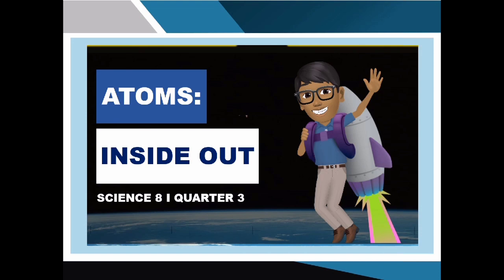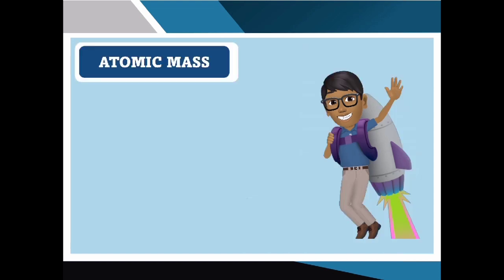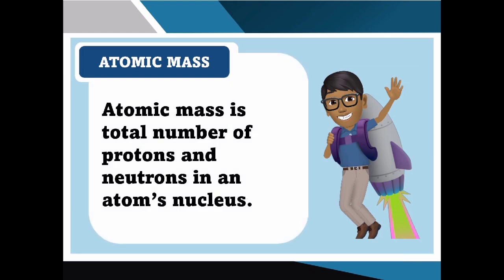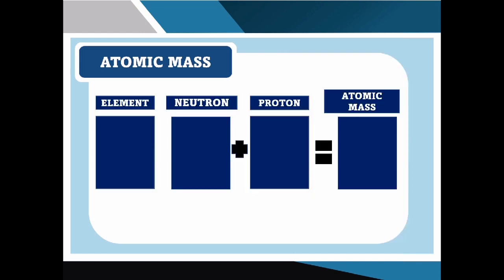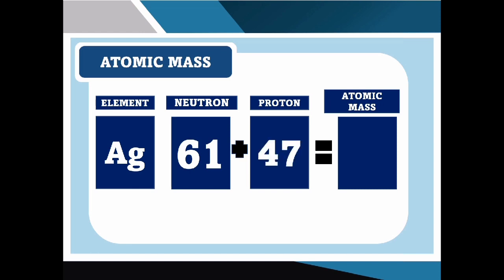Now, let us move on to atomic mass. When we say atomic mass, it is the total number of protons and neutrons in an atom's nucleus. Hence, a silver atom which possesses 61 neutrons and 47 protons has an atomic mass of 108. 61 plus 47 is 108.